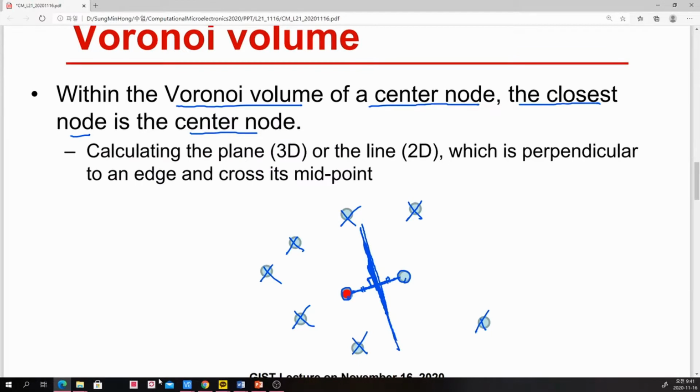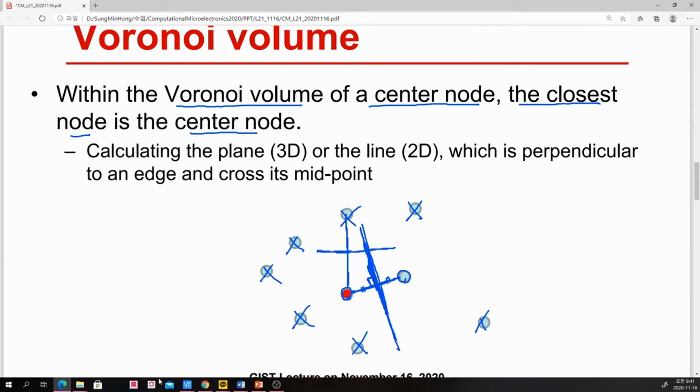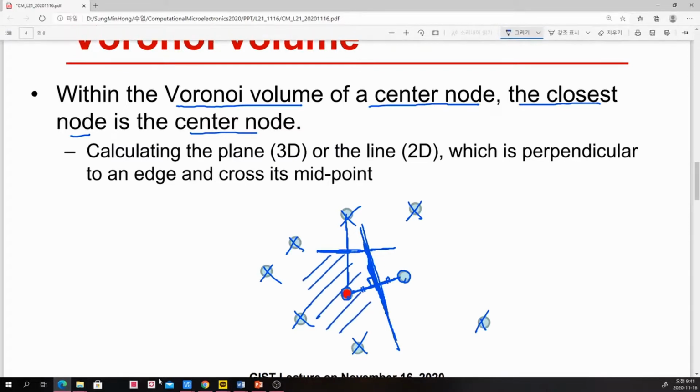So between this and that will be the line. And how about this one? Between this and that, we will find the midpoint and the perpendicular line. Then these points have 2 properties. Between this and that, the center point is the closer point, and between this and that, the center point is also the closer point.